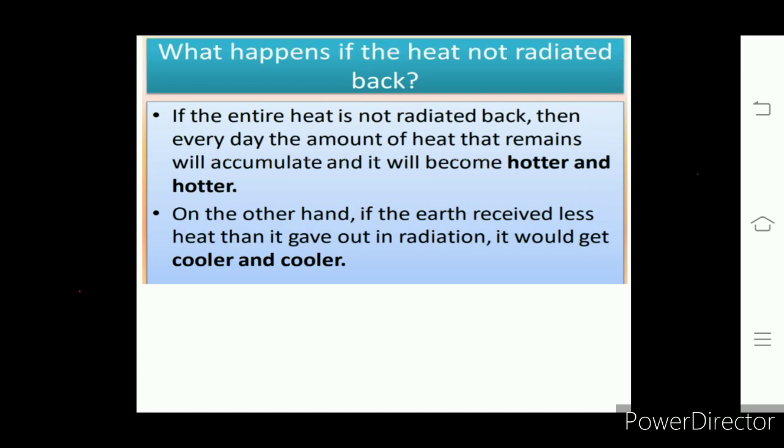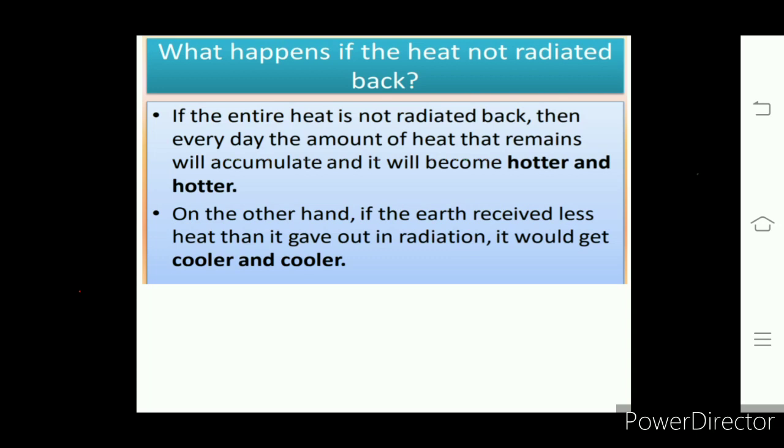It's very important. If it radiates too much, what would happen? Earth becomes cooler and coolest, so that all the places on the earth are not suitable for living. So it is not suitable to release the entire heat back, and not suitable to keep too much heat on the earth's surface.